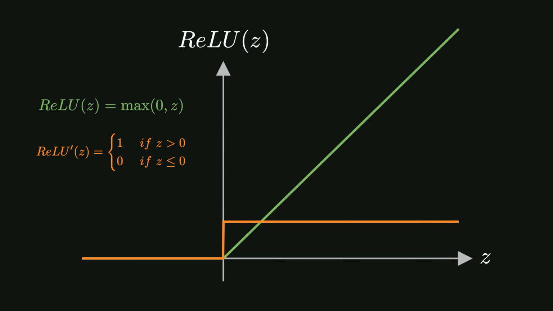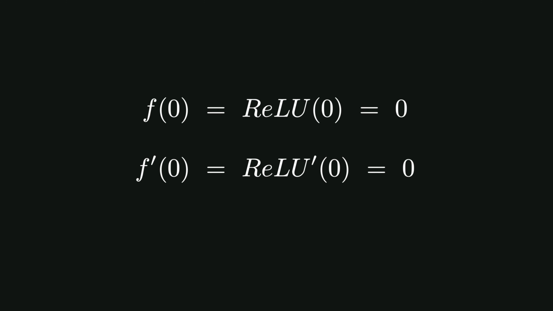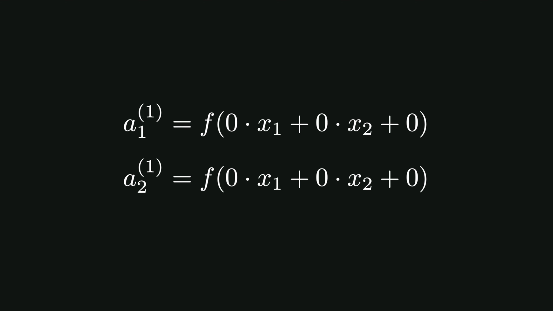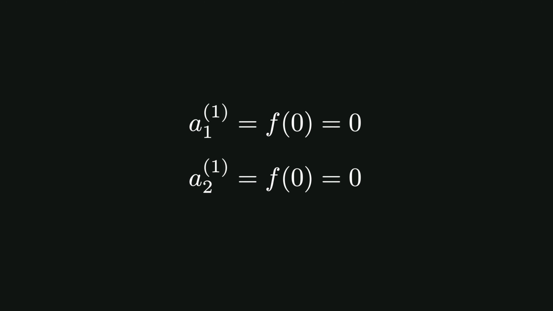If you didn't fully understand how that happens, make sure to check out the detailed video I have made on activation functions. I have explained it step by step there. Also, keep in mind that the two activations in the hidden layer are also 0 for the ReLU case because the weights and biases are all 0.